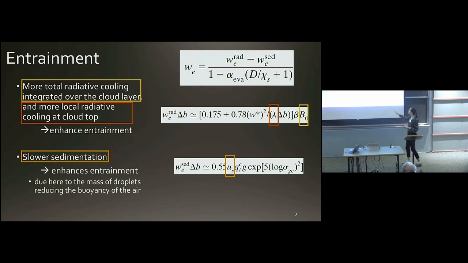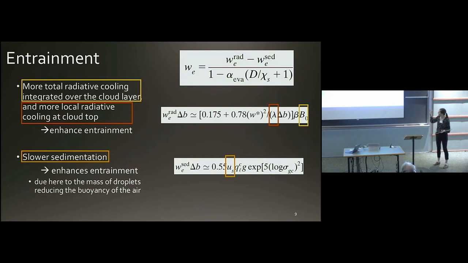The sedimentation term refers here to this idea that simply by having the presence of this water in your air, it's exerting a drag on the air, and this is also contributing to a downward motion of the air. And so if you have quickly falling droplets, that drag is stronger.